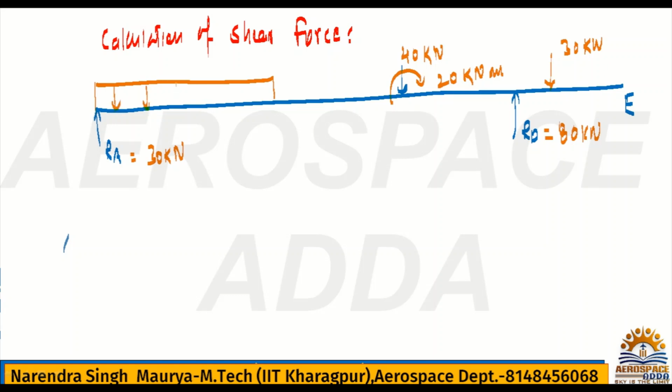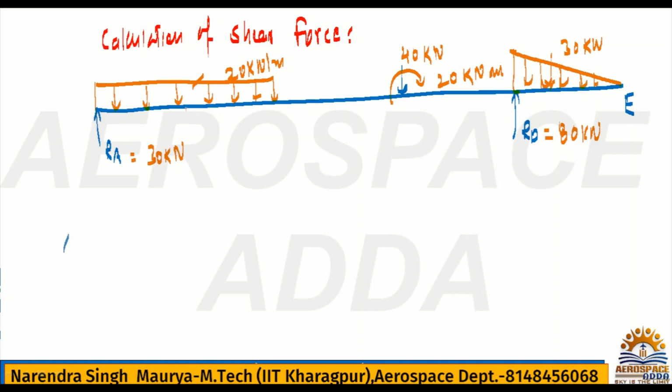So you go that way. Once you are very perfect, then without drawing the beam you can easily understand what the shear force will be there. Okay, so this is 20 kilonewton per meter, and here this is our UVL load. Doesn't matter, you need to remember the total is 30 kilonewton, no issue.